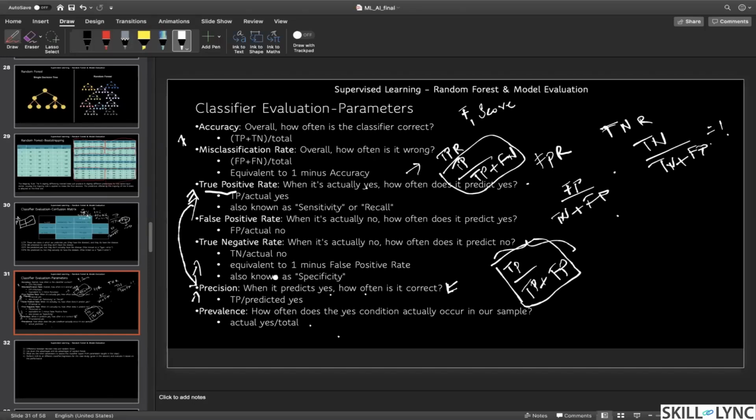Simple. Okay. Now I have some questions, guys, for you. Let's say that you are doing some classification problem of whether a car is Mercedes or BMW, and you have some historical data.